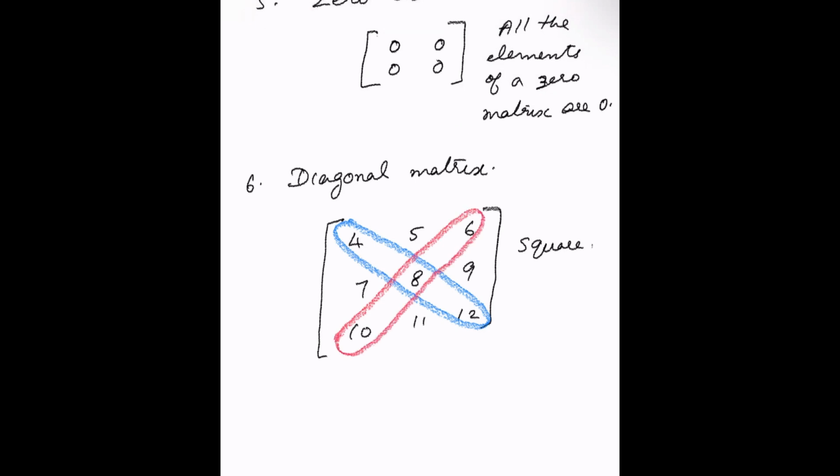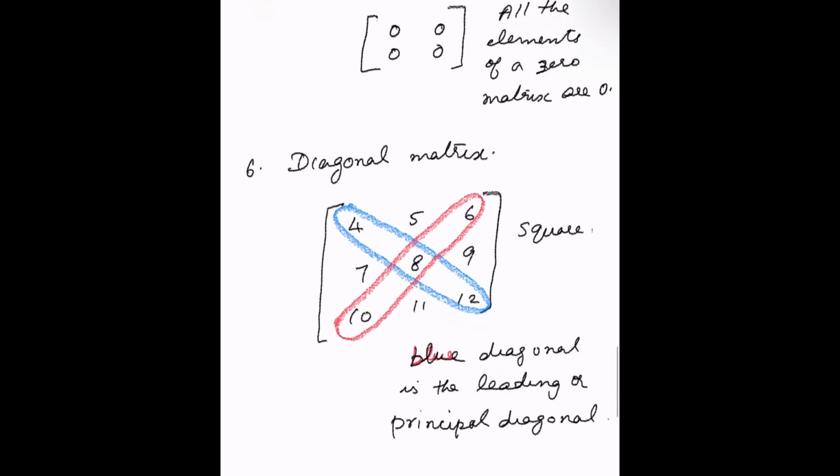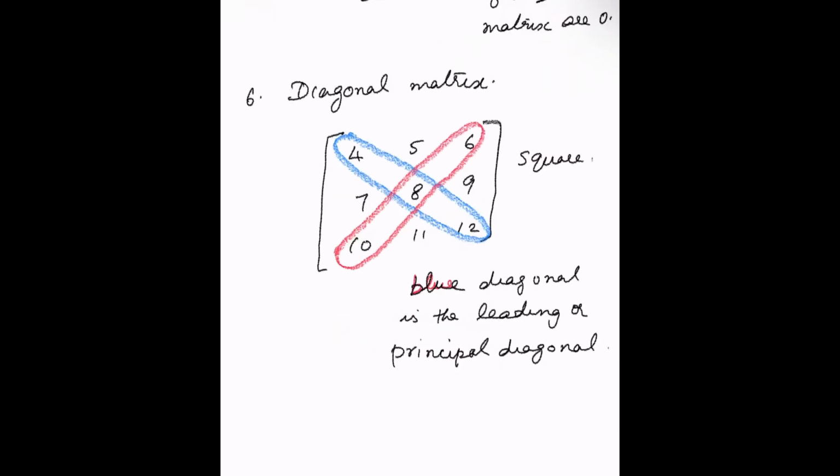So when someone says diagonal, we always consider the blue one as the leading diagonal. That's called a leading or principal diagonal.